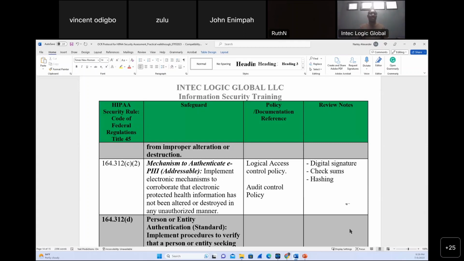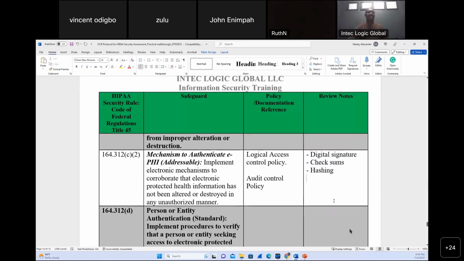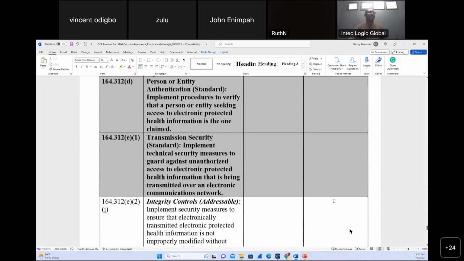If somebody does some alteration, or somebody tries to copy it and create a fake one just to steal somebody's information, the hashing will not match, right? When you run the hashing, it's a little bit technical, you see that no, this is not the original. This is a fake one, right? So that's what hashing does.